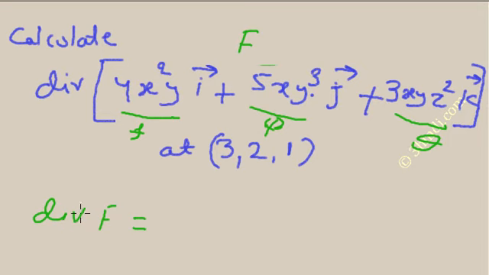So earlier I have explained that divergence of f is del f by del x. That means you have to differentiate f, the coefficient of i, with respect to x.